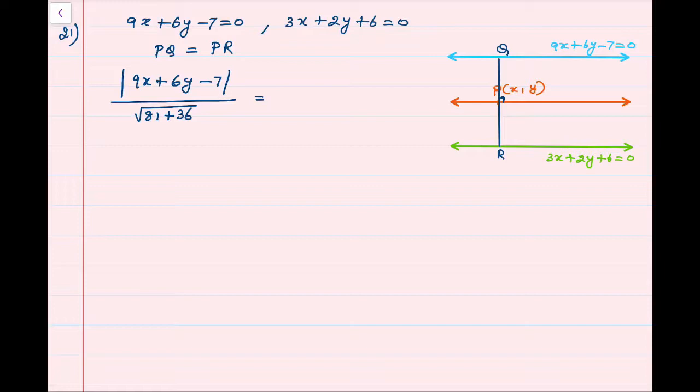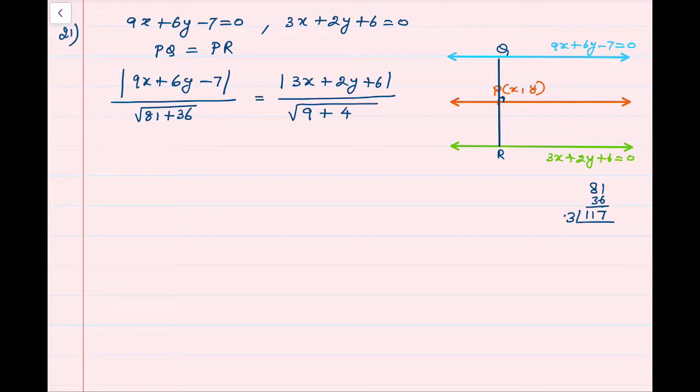PR is the perpendicular distance of P from the second line, which is the absolute value of 3x plus 2y plus 6 divided by square root of 3 square, 9, plus 2 square, 4. 81 plus 36 is 117.